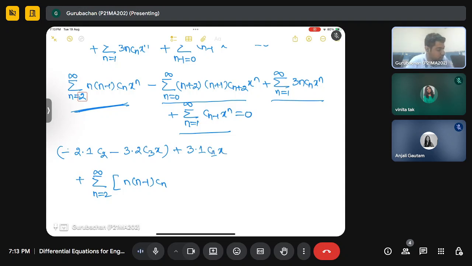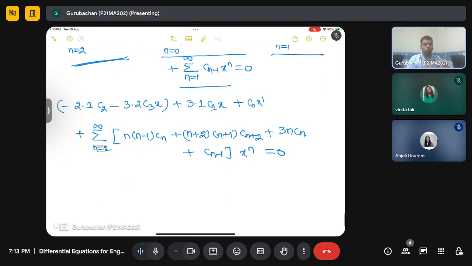Next, this expression is starting from x to the power 1, so this will give you C naught x. Now from n equal to 2, this expression will contribute n plus 2, n plus 1, Cn plus 2, this will contribute 3n Cn, and this will contribute Cn minus 1, x to the power n, equal to 0. This is your whole expression.